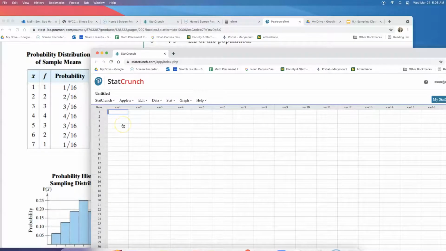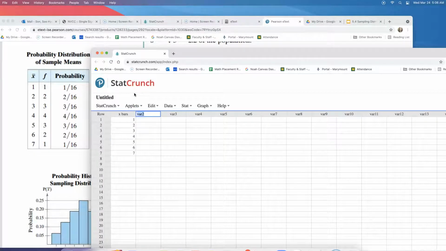All right, I'm going to enter X bars, which are 1, 2, 3, 4, 5, 6, 7. These are the X bars. And I wonder if I can zoom in so that you can see what I'm typing. So on the right side, in the second column, I will enter the probabilities. I do want to label this as P of X. Oh no, I'll just call it probability.